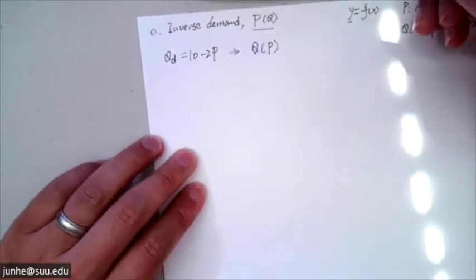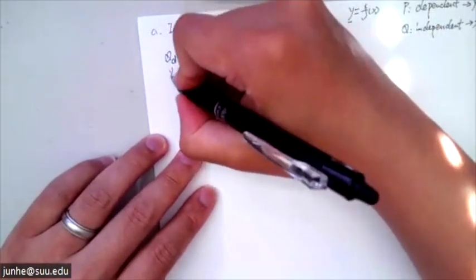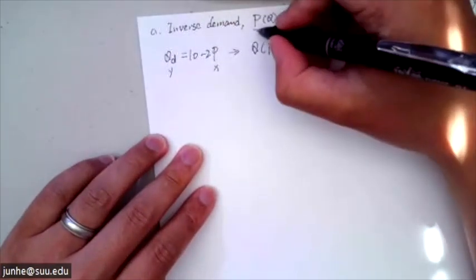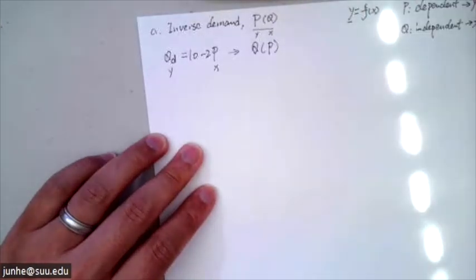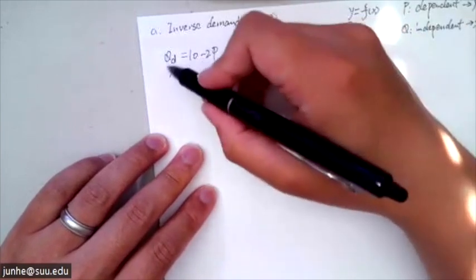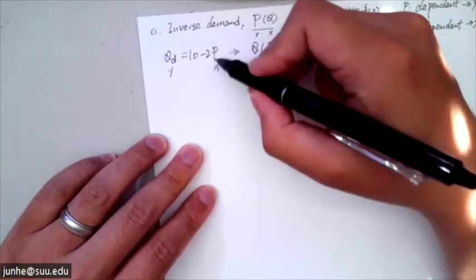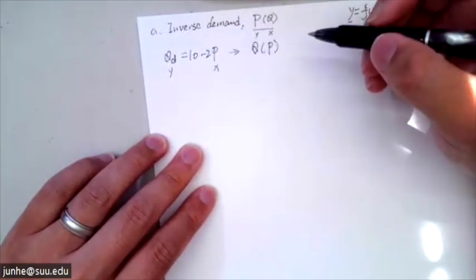So how should we do this? In this case, Q is your Y, right? And P is your X. But here it is asking that we need to have P as your Y and Q as your X. So the Y term should stand alone on the left-hand side. So now P is required to be your Y, so we need to move the term including P to the left-hand side.